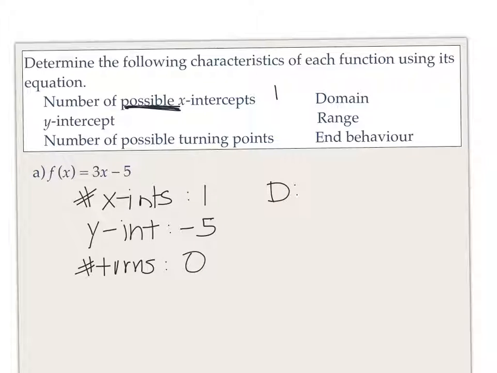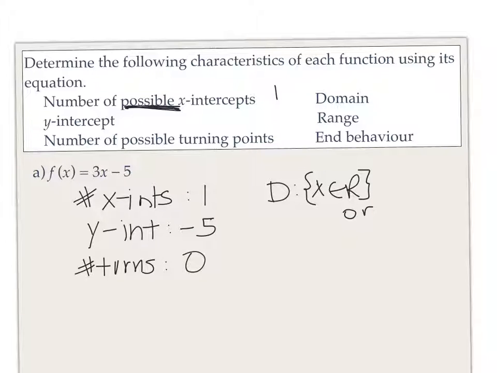Okay, the domain for all linear functions is the same. What's the domain for all linear functions? Does anyone remember? x ∈ ℝ, like that, with the curly brackets around it.